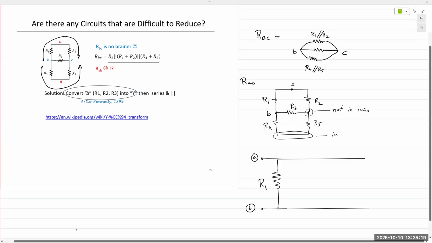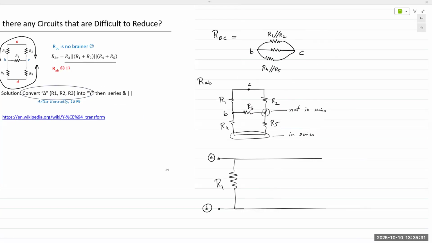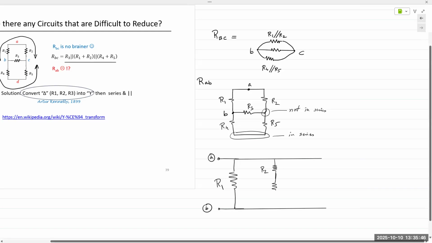All right, let's see. So R4 and R5 can be combined as one resistor. Actually, let's just do it this way. So from A, I have R2. And then I have R3.